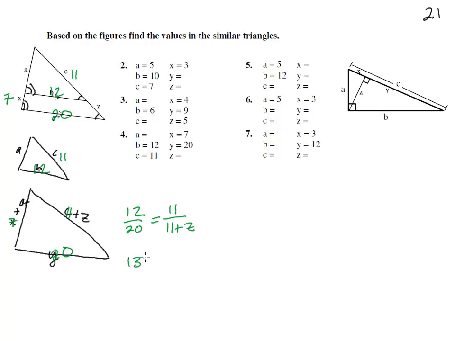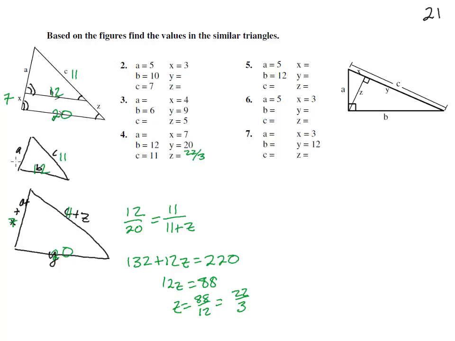So we get 132 plus 12Z equals 220. Subtract 132 and we get 12Z equals 88 is what that looks like. Is that correct? So we get that Z equals 88 over 12, which is the same as, if we divide top and bottom by 4, 22 thirds. All right, so Z is 22 thirds.